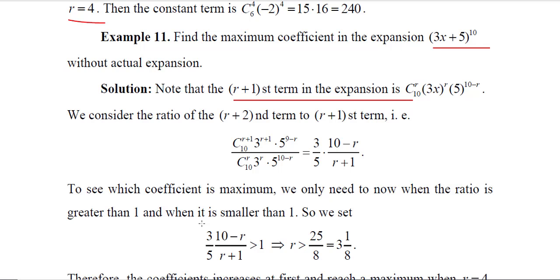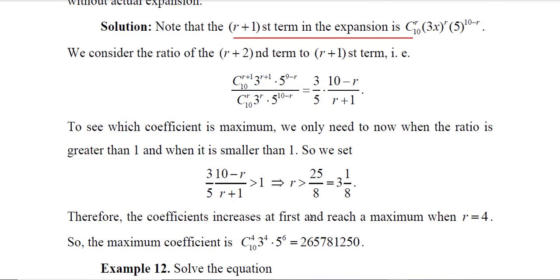To see which coefficient is maximum, we only need to know when the ratio is greater than 1 and when it's smaller than 1. When it's greater than 1, r is greater than 25 over 8.